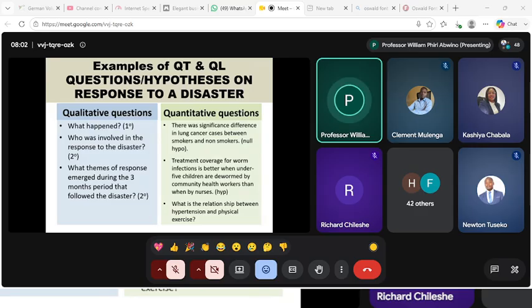So when doing the analysis, when you're asking those questions, you pick what are known as the themes or sub-themes, and you run with those.